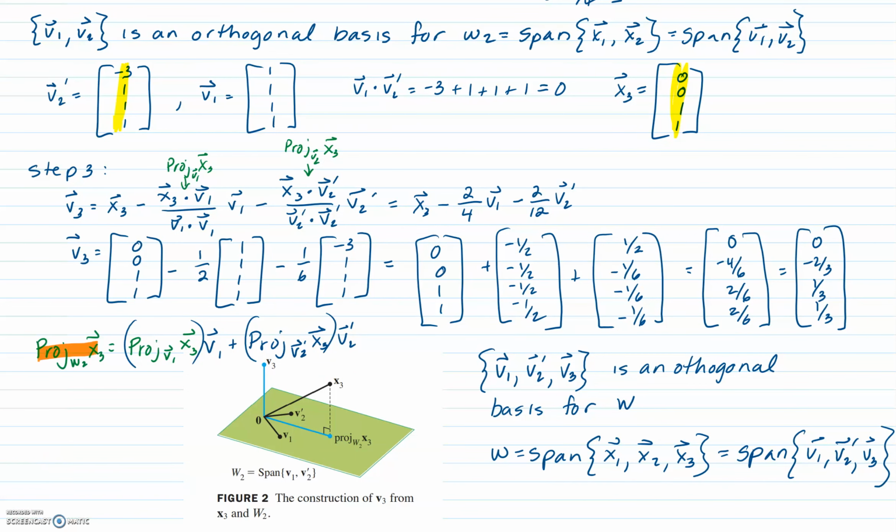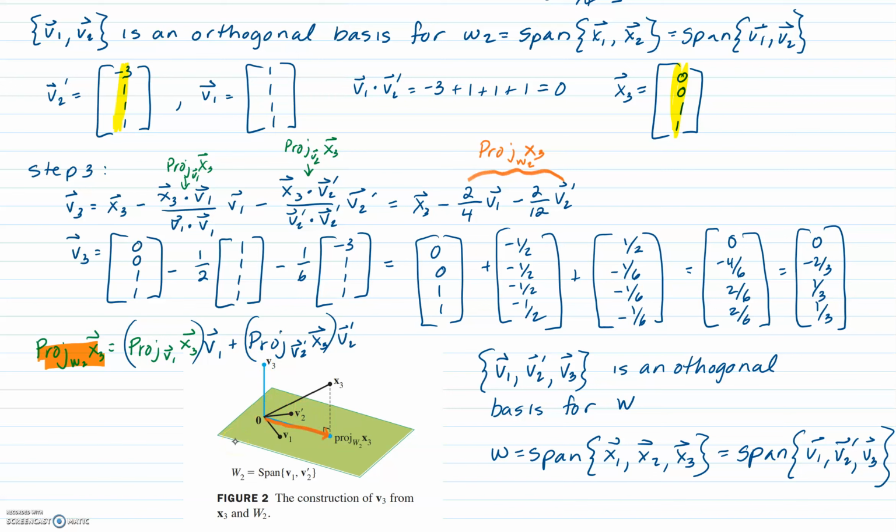Looking at this visually, we have the plane W2, and the projection of x3 onto W2 is this orange line here. When we find v3, we take x3 and subtract off the projection of x3 onto W2. Subtracting off that projection, you get the dotted line, which is orthogonal to both of those, which is v3.